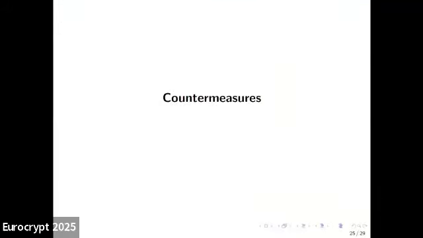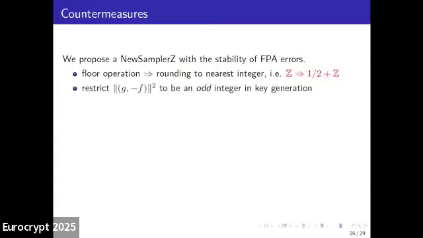Finally, we propose some countermeasures to make this less sensitive to floating point arithmetic. We first provide a new sampler for Z with stability against floating-point arithmetic errors.